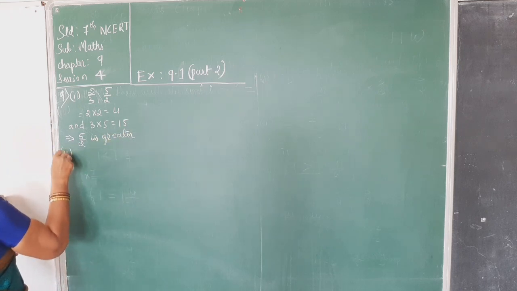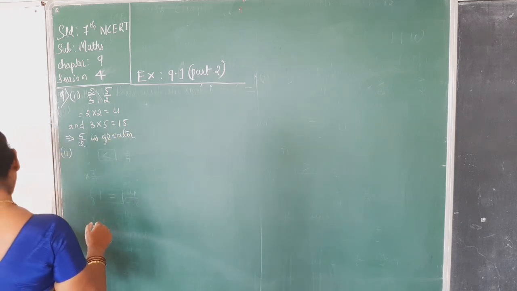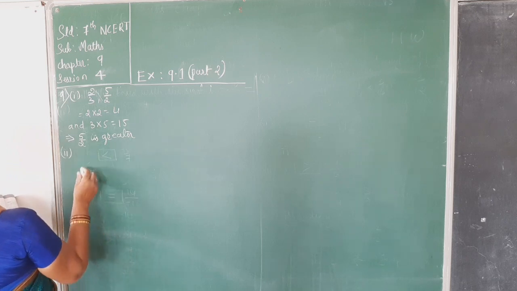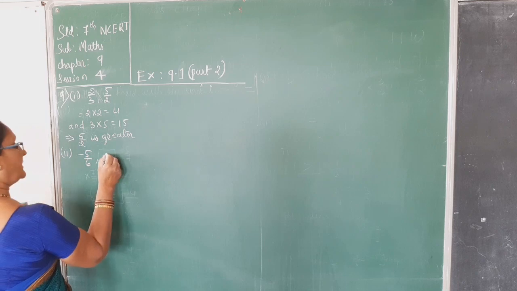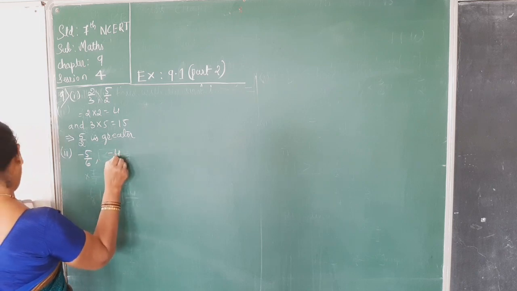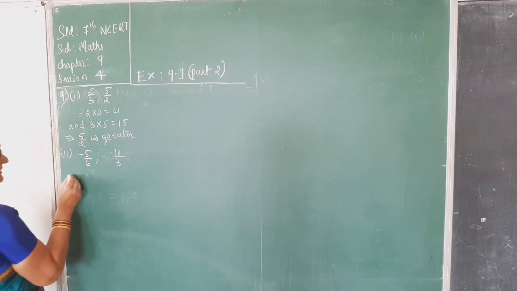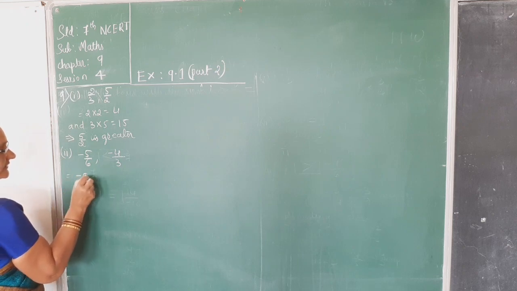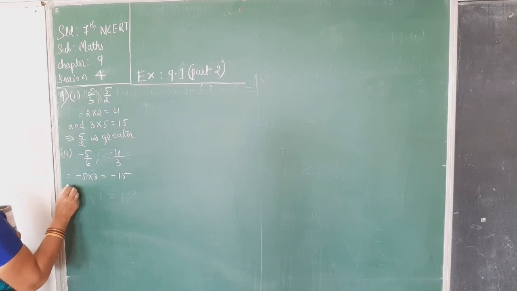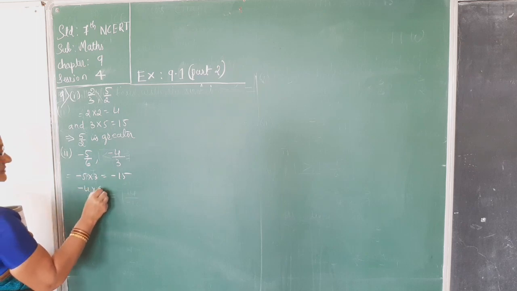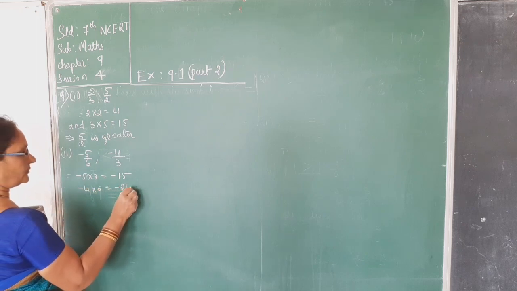Then second one, minus 5 by 6, minus 4 by 3. See here, minus 5 into 3 is minus 15, minus 4 into 6 is minus 24.